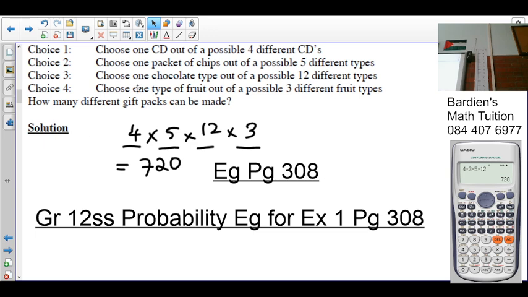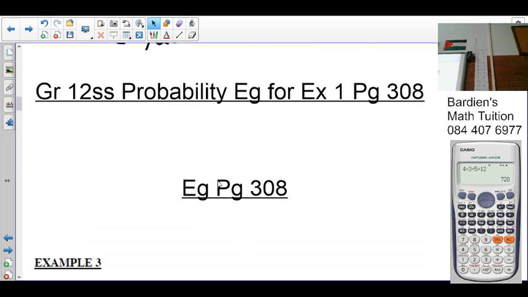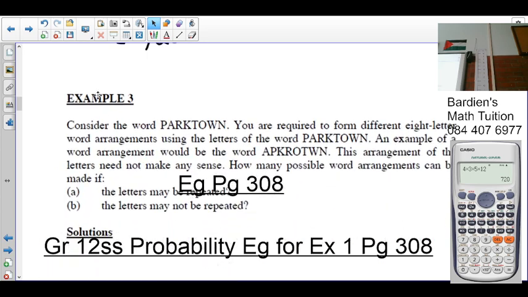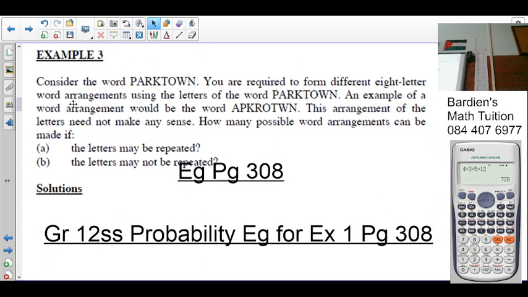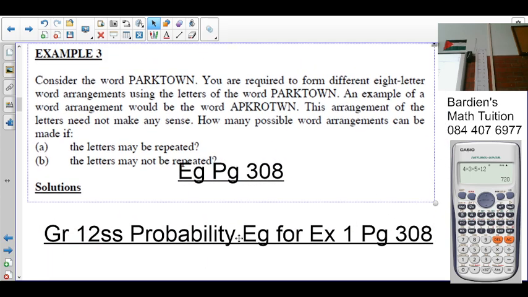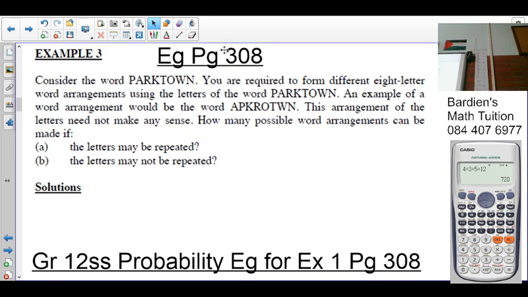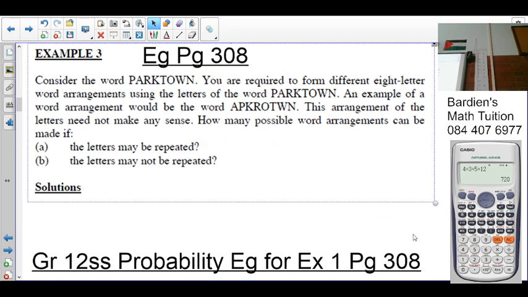Let's look at example 3. In example 3, we're going to consider the word Parktown. You are required to form different 8-letter word arrangements using the letters of the word Parktown.